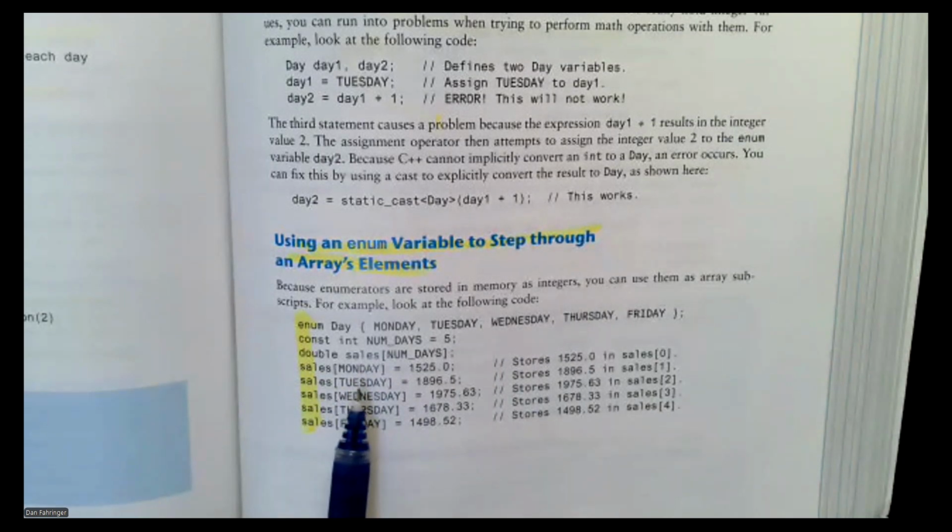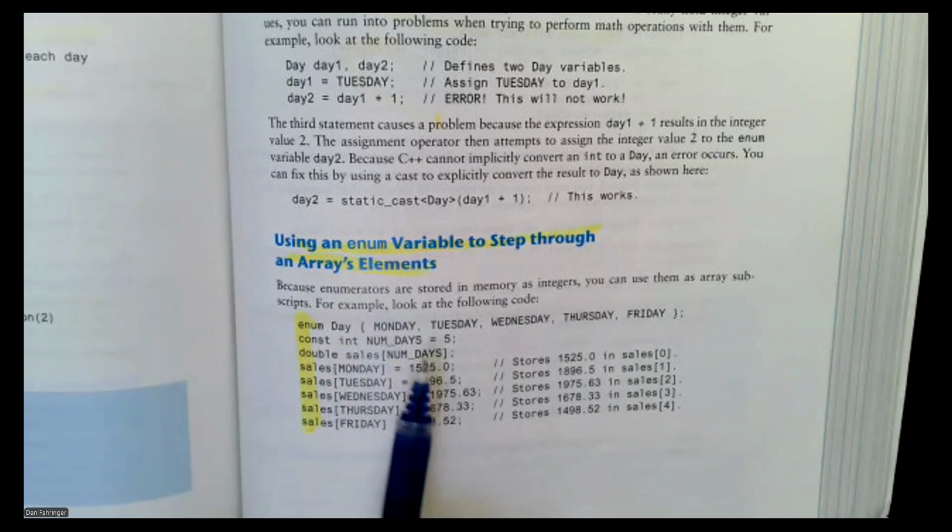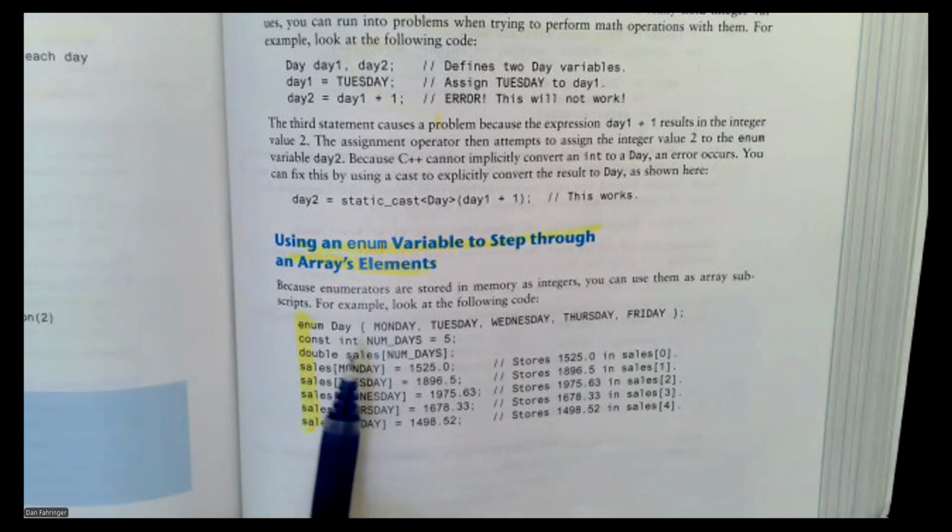What was my sales on Tuesday? So this is about the closest to relevance to writing code that's nice for somebody else to understand, but to use these to assign values. Otherwise, I've never used it in a program.